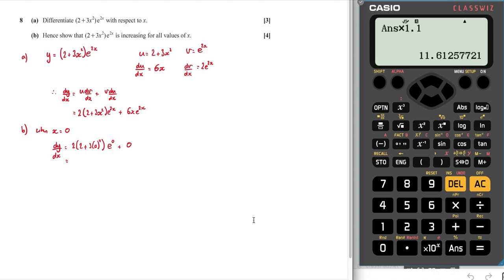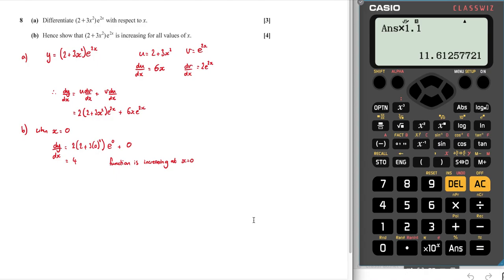So we got 2 lots of, well, 3 times 0 squared is 0, so that's just 4. dy by dx is just 4. You can double check that on the calculator if you want. So therefore the function is increasing at x equals 0.